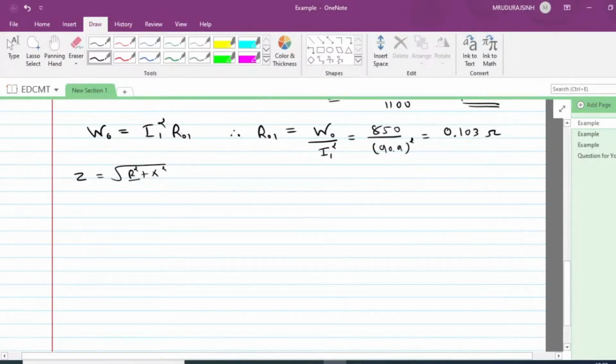If we calculate Z, we can calculate the X. And to calculate the Z, it's very easy. Z01 is ultimately the impedance, so impedance is volt by current. So VSC, the short circuit voltage, divided by the current at short circuit time.